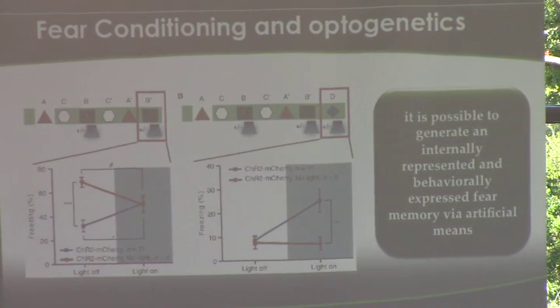And if you light on in B prime, it's the same box as B, but without shock. If you light off, the mice freeze, because the mice that didn't receive the light on during the shock freeze if you don't switch on the light in B prime.